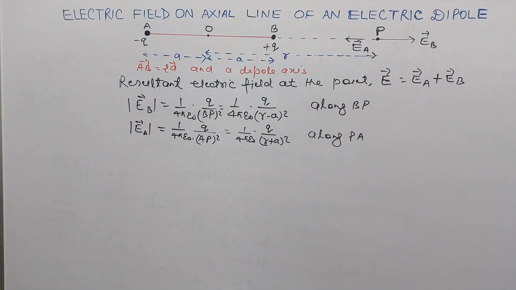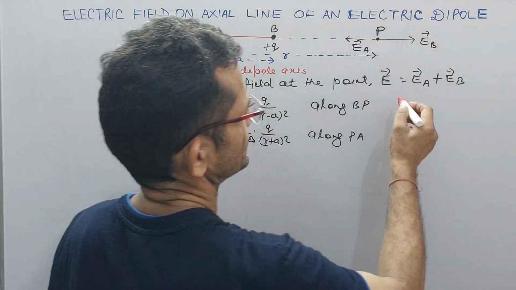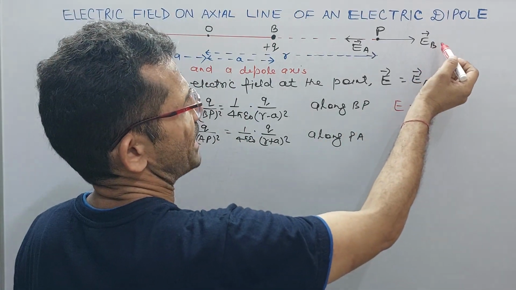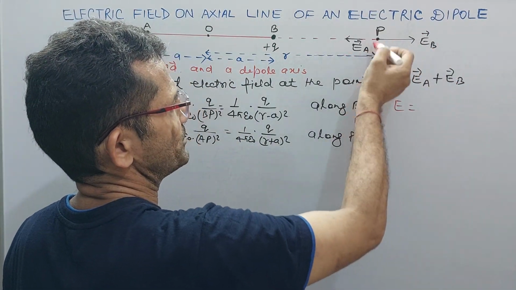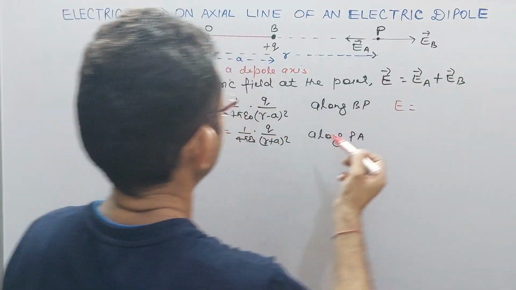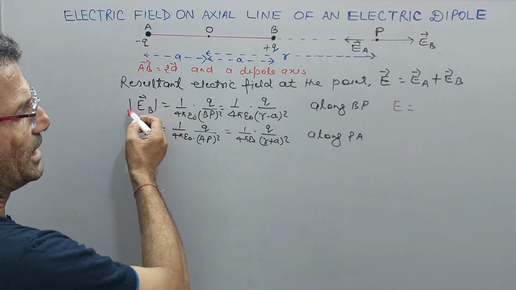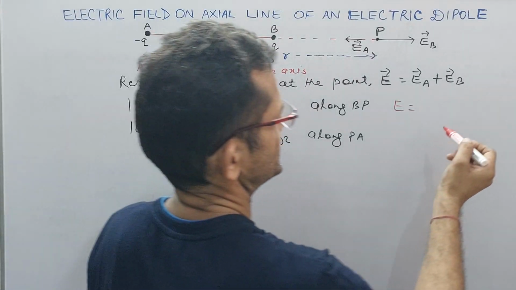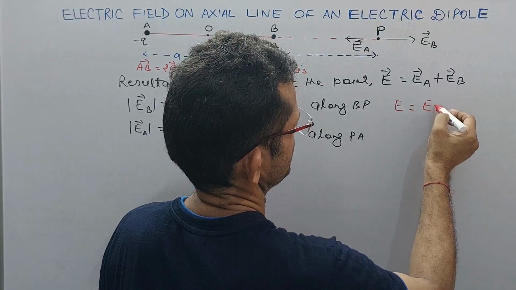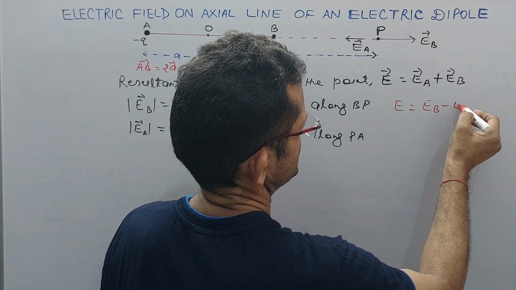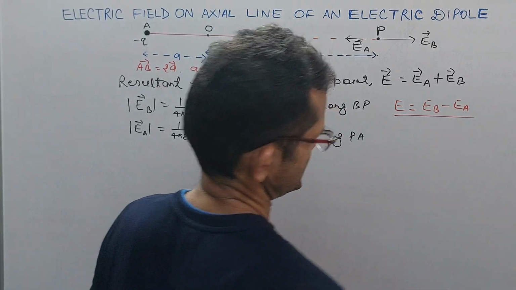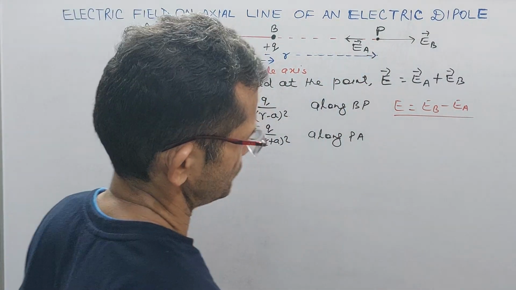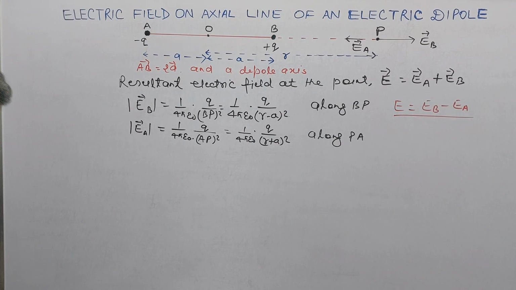So our resultant field will be EB, since the magnitude of EB is greater than that of EA, because the denominator of EB is smaller. So that's why the resultant will be EB minus EA. So this resultant electric field will be along the dipole axis. Yes, dipole axis.